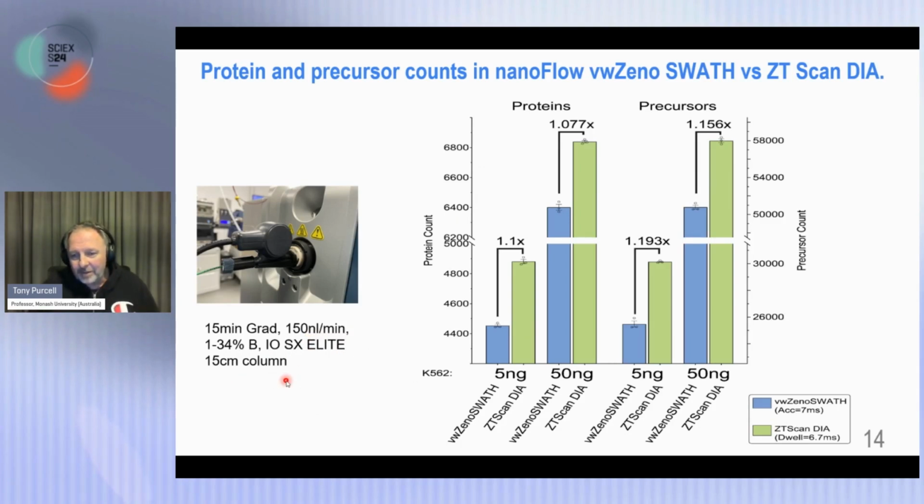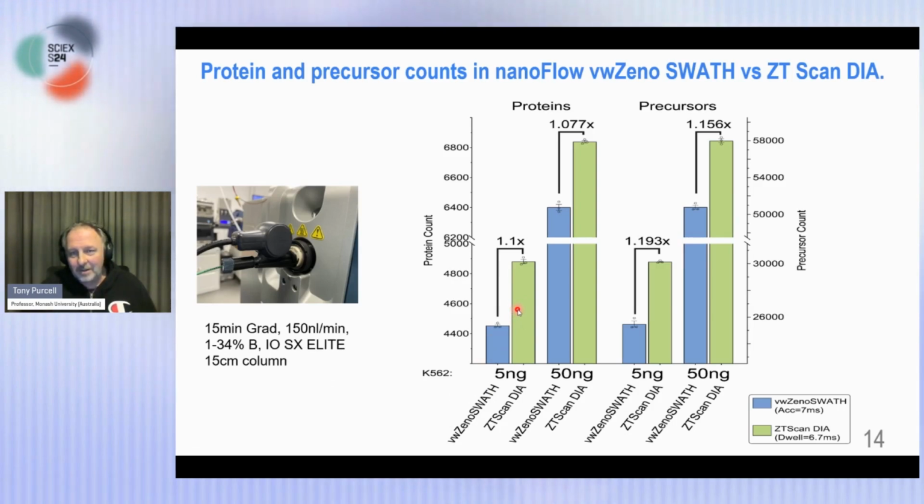Again, comparing equivalent Xenoswath to ZT-scan DIA acquisition methods, you can see around a 10% increase in protein IDs going from these two methods, and also an increase in precursors that we're able to detect at different total loads of K562 tryptic digest loaded. So we're seeing the same thing in the nanoflow experiments as we were in the microflow.